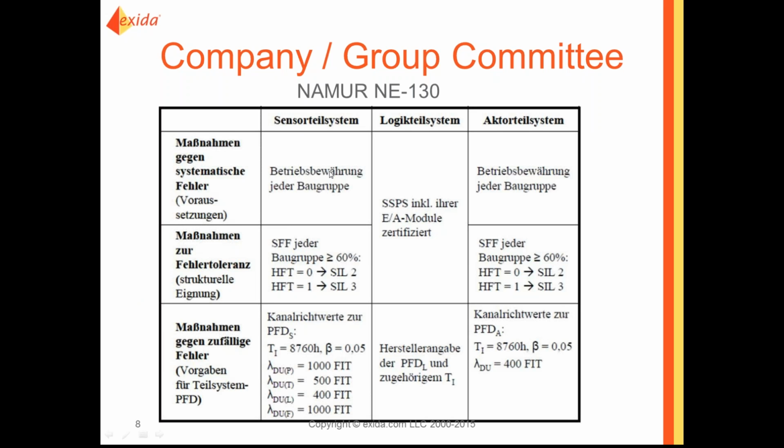One such committee is the Nomura Committee 130, and they publish failure rates for sensors or for devices to be used in safety systems. And they publish essentially, here for failure rates, they're publishing 1,000 dangerous failures for the sensor.